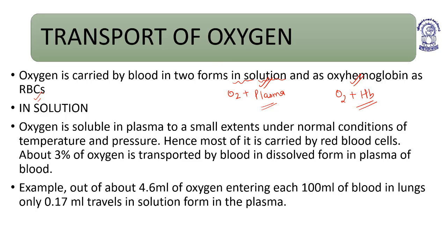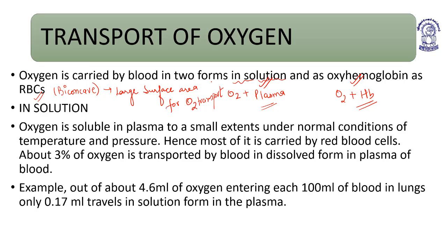RBCs, red blood corpuscles, have hemoglobin, and as the shape of RBC is biconcave, it provides a large surface area for oxygen transport.